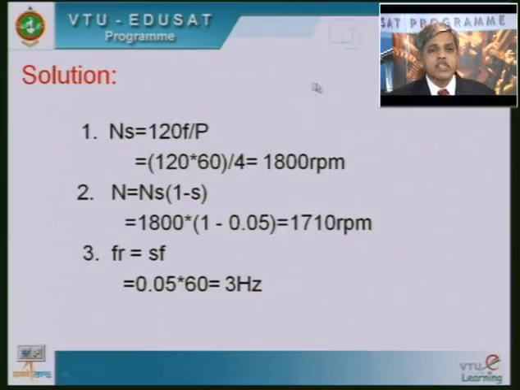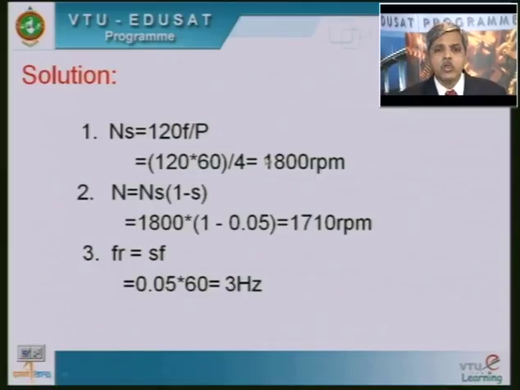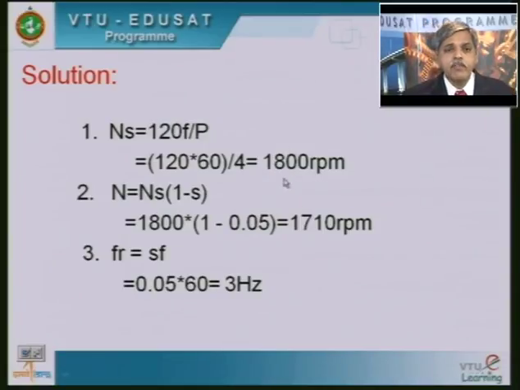Okay? Now, you can see at no load the speed will be almost closer to this, not exactly 1800, because it is not possible for the motor to run at this. Okay? And at full load the speed of the motor is 1710. There is a difference of around just 90 RPM, revolutions per minute, from no load to full load. So, this 90 RPM, it is very difficult for us to make out just by seeing the rotation of the rotor.